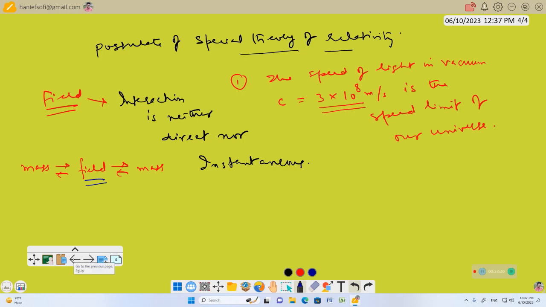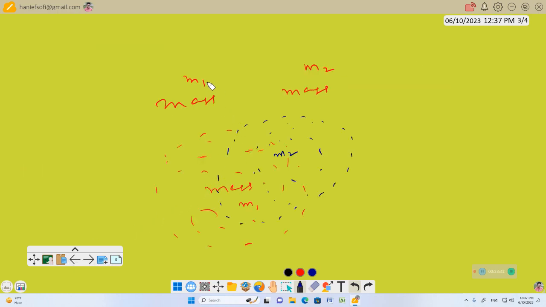That means if you move M1, what will happen? There will be a change, a disturbance in the field of M1, and that disturbance will reach M2 at the speed of light c, not instantaneously.